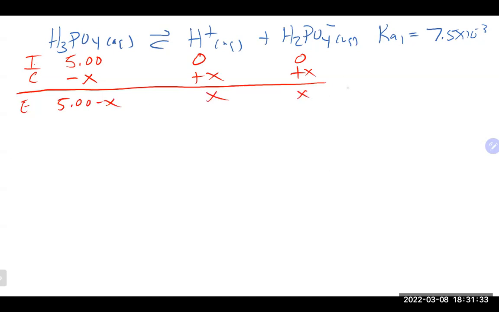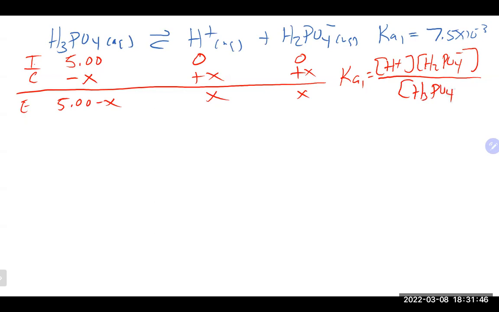This goes into our Ka1 expression, which is H plus times H2PO4 minus, divided by H3PO4, and that equals 7.5 times 10 to the -3. Putting my numbers in, I get x squared divided by 5 minus x equal to 7.5 times 10 to the -3.